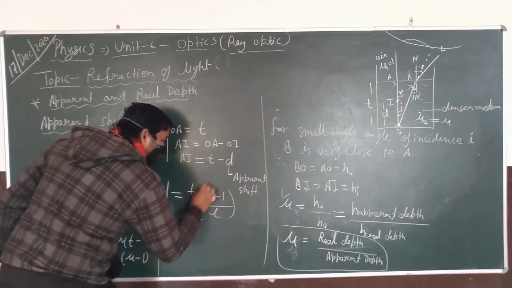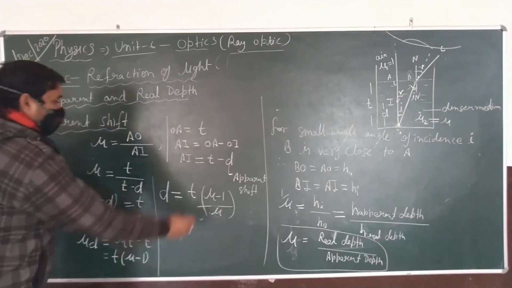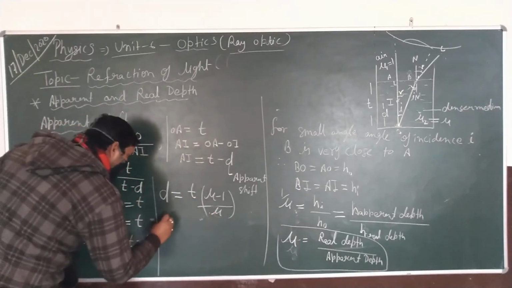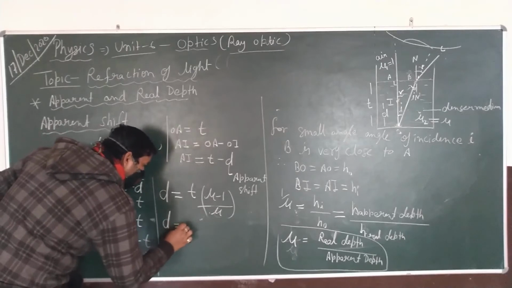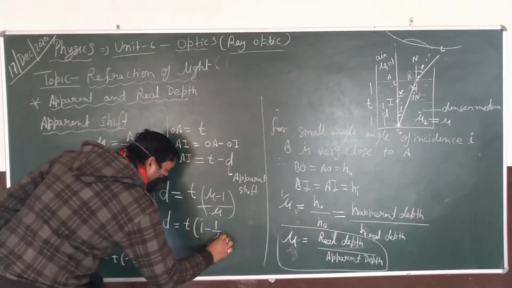Clear? By solving it, you will get D is equal to T times (1 minus 1 upon mu).